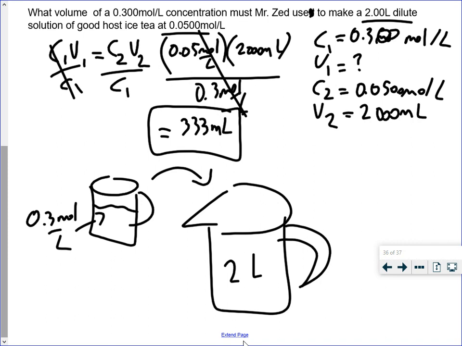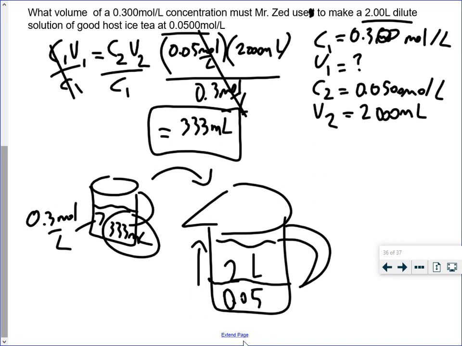So in order to make that the proper concentration of 0.05, I have to take 333 milliliters out of it. I'm going to dump that into the big pitcher, and I'm going to fill it with water to the 2 liter mark. So what this 333 milliliters means is that is the amount that you take of the concentrate and then add water to it until you get to the final volume.